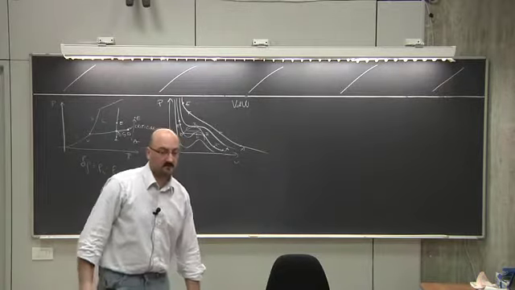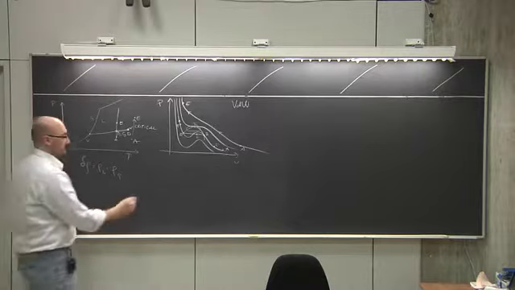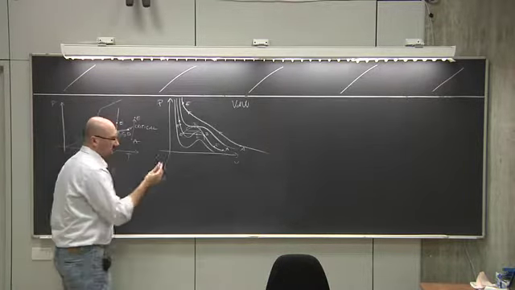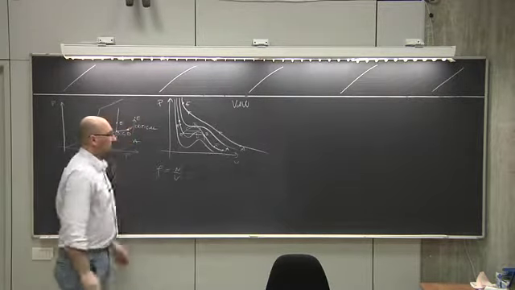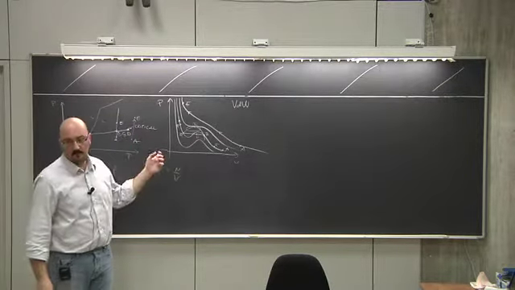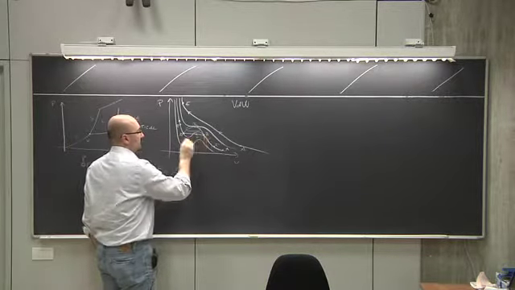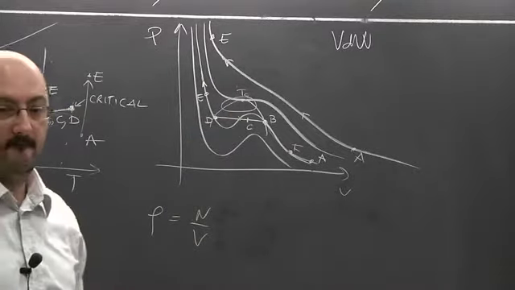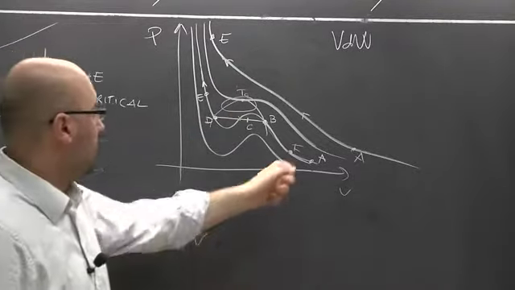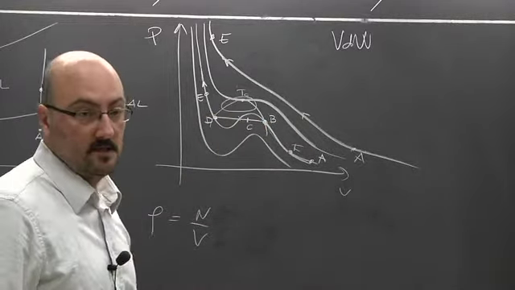This is van der Waals gas. Rho is the number of particles per volume, right? So we read the volume. But where is all liquid at this temperature? In this line here. B, C, or D? D.